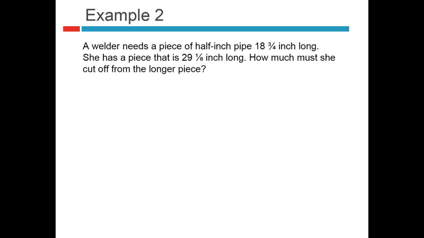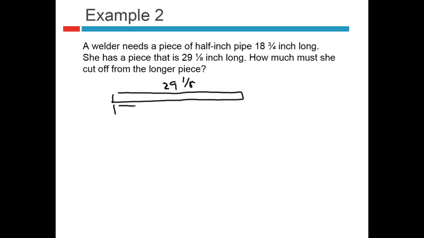Well, let's draw a diagram to help us solve this problem. If we think about a piece of pipe that is 29 and 1/8 inches long, we're trying to determine how much we should cut off of this piece of pipe in order to make it 18 3/4.